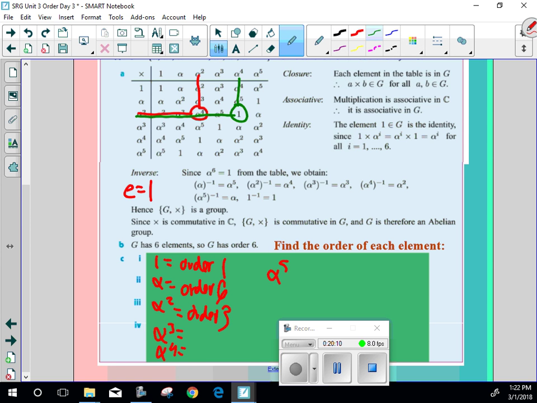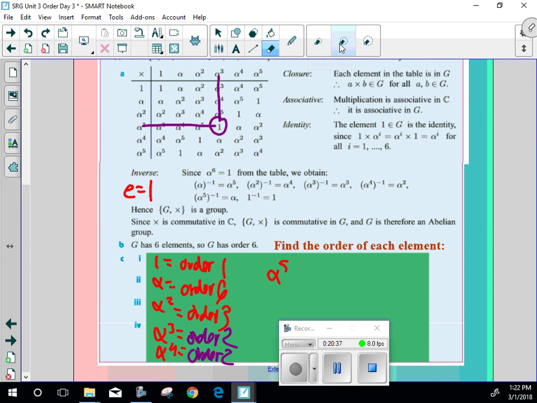And alpha cubed. Well, this is the best one. It's 2, isn't it? Order 2. Alpha to the 4th. This one might be a little more work here. 1, 2. Nope, not that bad. Order 2. And how? Did I miss something? Was that 3?